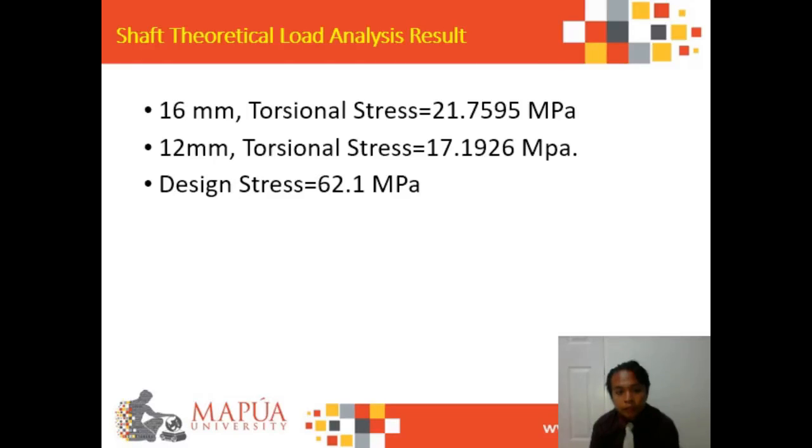So based on the results, we have fairly safe shafts, which are far from this design stress. This is because we got the diameter for the shaft using the roller clutch. So that's how the design was made.